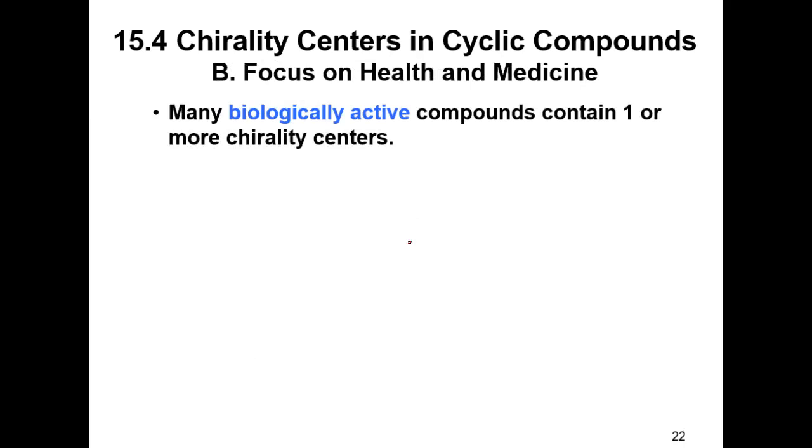Why is it so important? Well, our whole entire body works off of this. Everything in our body works off of this chirality. Many biologically active compounds contain one or more chiral centers. Everything we have in our body, proteins, sugars, amino acids, our nucleic acids, they are all chiral.